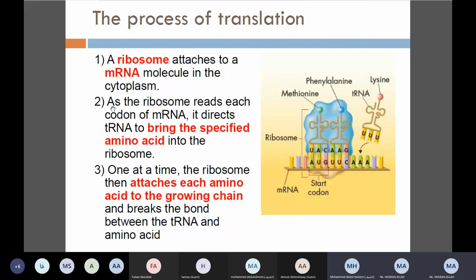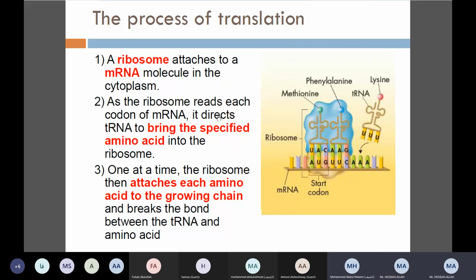This is step number one: the messenger RNA leaves the nucleus and enters the cytoplasm, and there the ribosome will attach to the messenger RNA.